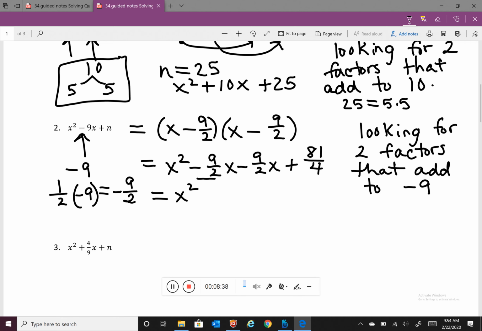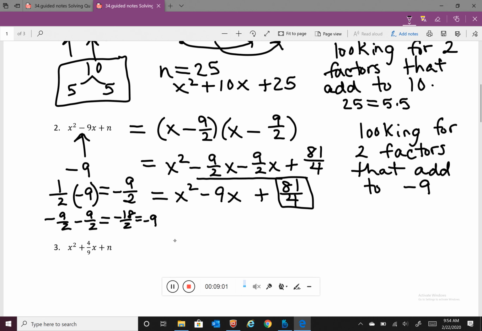Now here, these are going to combine, and so negative 9 halves minus 9 halves is negative 18 halves, which is the negative 9 that we had originally. And now we're actually able to see what our n is that gives us our perfect square trinomial.